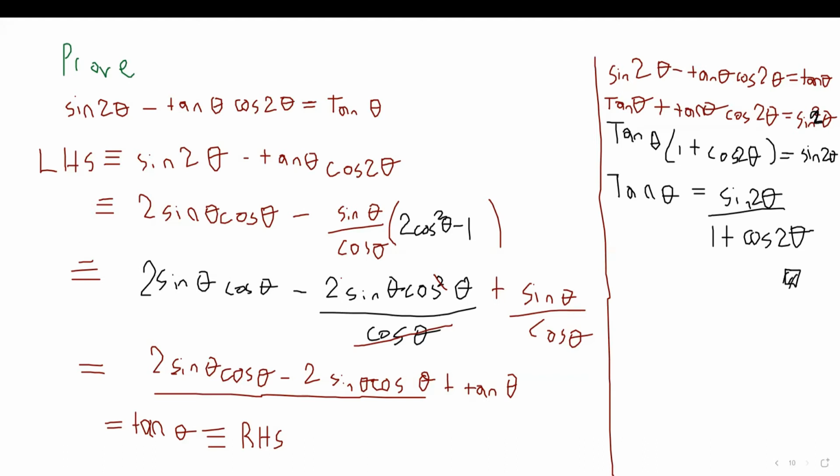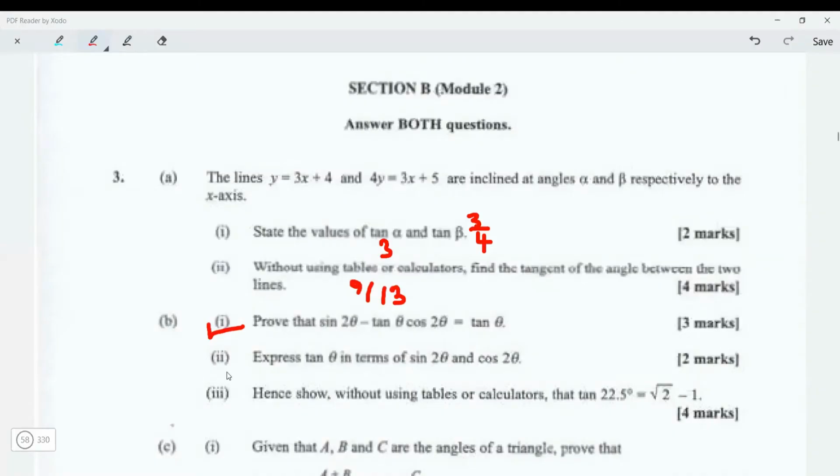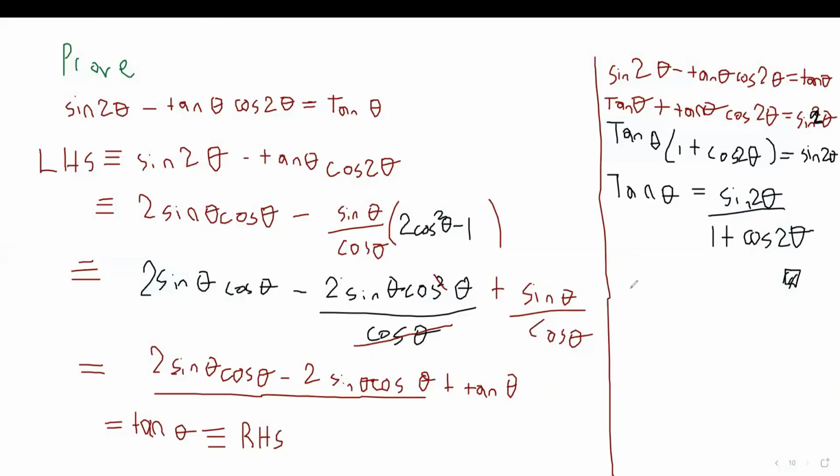Now the next part says hence show that tan of 22.5 degrees equals root 2 minus 1. So it wants us to let theta equal 22.5 degrees.